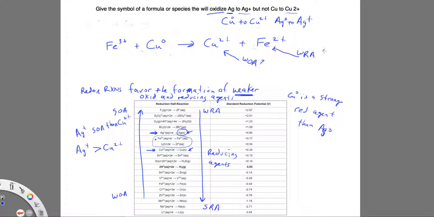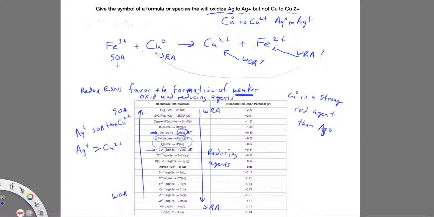Is that the case? Will iron 2 be the weaker? If we look at it here, iron 2 is the weaker. It's higher up than copper. So over here, copper is going to be my stronger reducing agent, and this is going to be my stronger oxidizing agent. Copper 2 is a weaker oxidizing agent than iron 3. Okay, so this so far is yes, that will work.